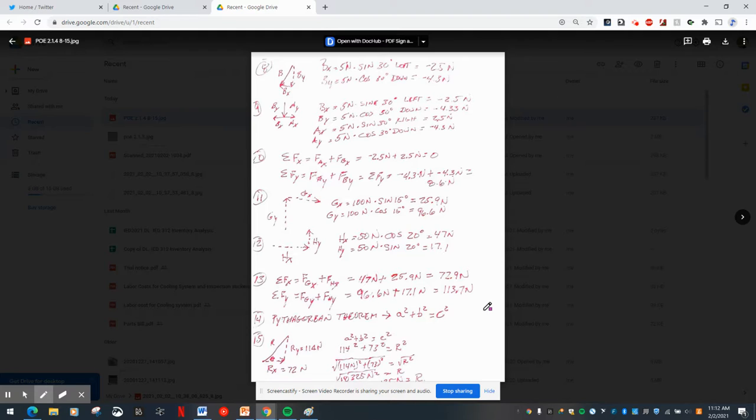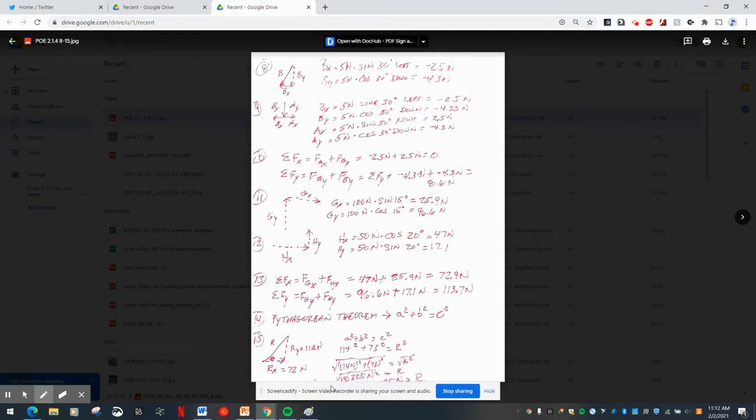113.7 newtons. Now, 14 asks what formula do we use to figure out what the angle is when we have the sides, but we don't have the angles. Well, we're going to use the Pythagorean theorem, which is a squared plus b squared equals c squared. And here you see that here's our resultant force, here's our angle.